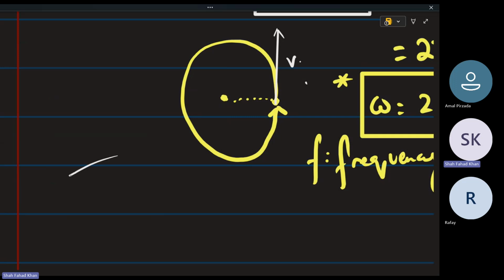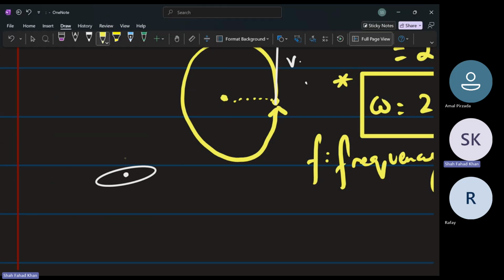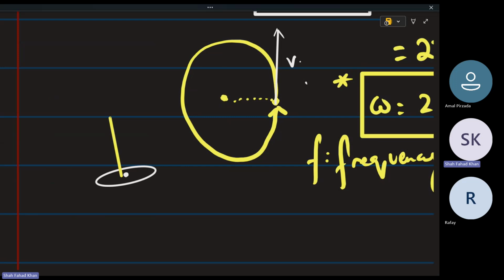Whereas for angular velocity, how would you determine the direction of angular quantities? For example, if this is a disk moving on a circular path, the angular velocity and angular acceleration are always directed along the axis of rotation, perpendicular to the plane. This was linear velocity.